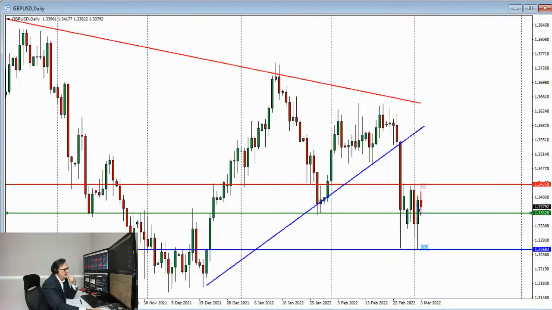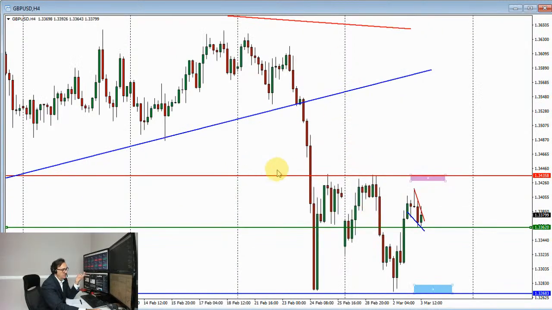This type of pattern does have the tendency to break to the upside, although this looks like a consolidation below previous significant support, which is now newly found resistance. That's up here, 134.35. So the key trading level going forward for me from the intraday point of view is 133.60.